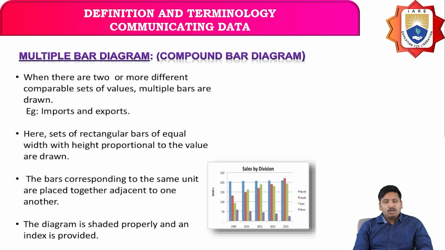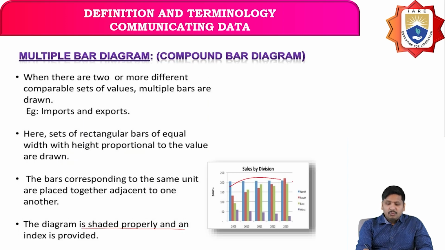The diagram is going to be shaded properly, and an index is going to be provided. So here the multiple bar diagram is going to be constructed as a set of rectangular bars of equal width and height proportional to the value.